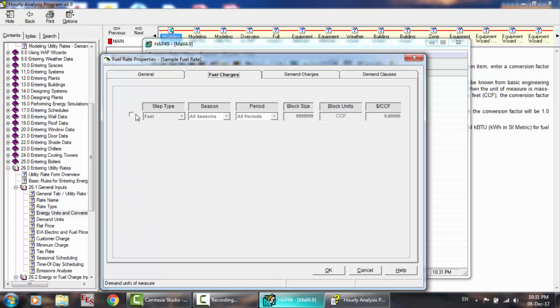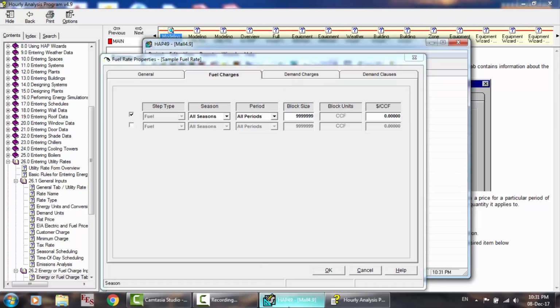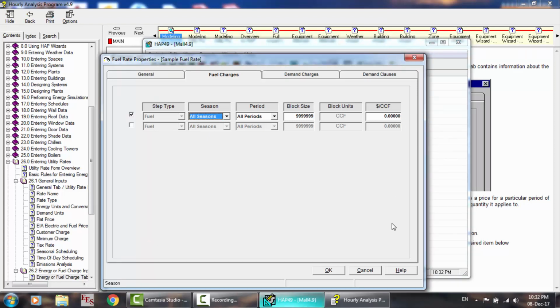For the fuel charges also we can make what we have said. You can find it's the same thing, but you notice that there are basic rules. In the electric, when you define the electric rates, you cannot make overlapping between the periods, I think, but in fuel it's okay.